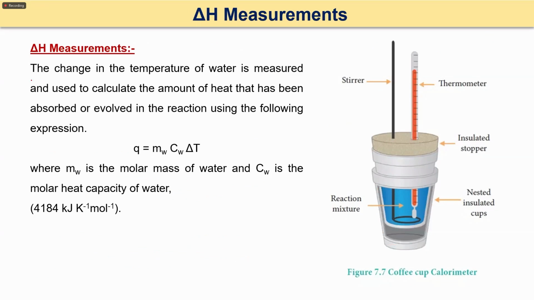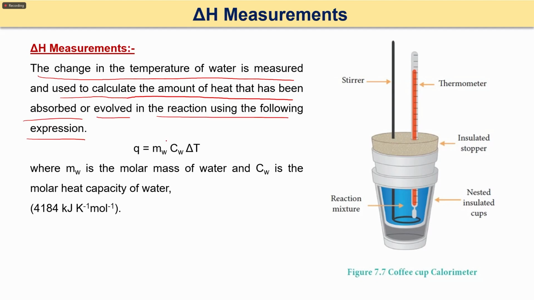Now if we measure the change in temperature of water, we will use it to calculate the amount of heat that has been absorbed or evolved in the reaction using the following expression. So this was the expression initially also. If the reaction is exothermic, the heat will be evolved.